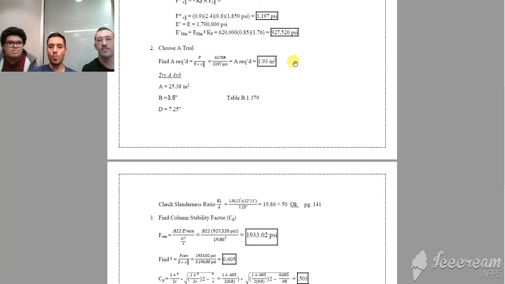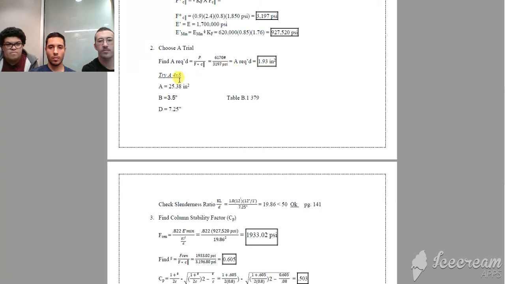Okay, so after getting all of the required design values, we have to choose a trial. Before we try a member, we have to find the area required. The area required we got is 1.93 inches squared. So in class we had 4x4.